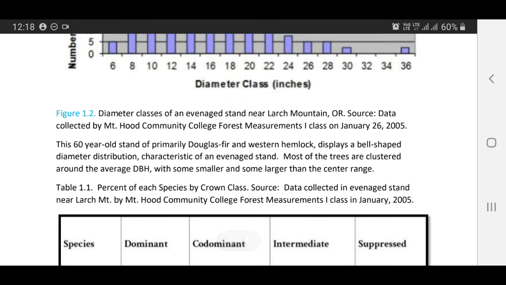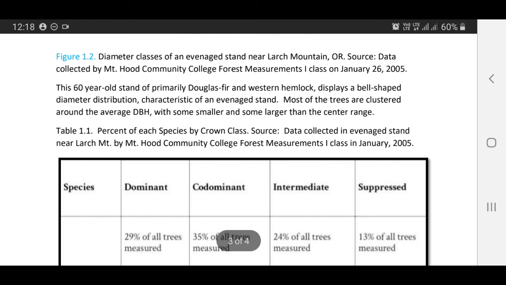This 60-year-old stand of primarily Douglas fir and western hemlock displays a bell-shaped diameter distribution. Characteristic of an even aged stand, most of the trees are clustered around the average diameter at breast height, that is DBH, with some smaller and some larger than the center range.